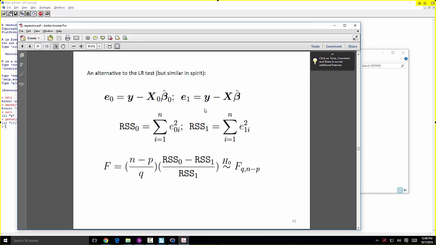I'm calling them E here. So there's an E1 for the unrestricted model and an E0 for the restricted model. Once you have the residuals, you can sum up their squares, and then you put those residual sums of squares together in this way, and you have an F statistic. Likelihood ratio you compare to a chi-square.